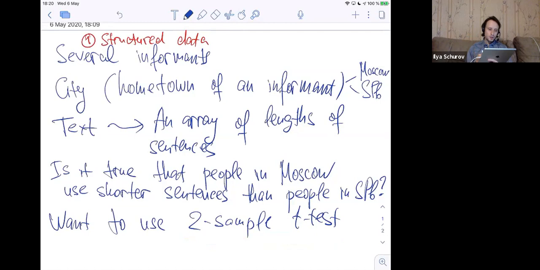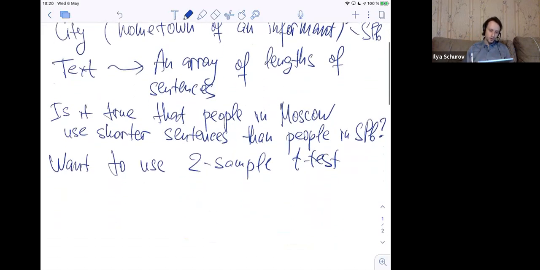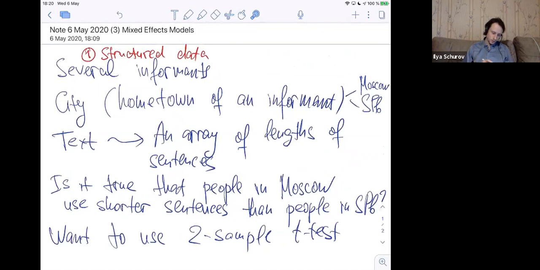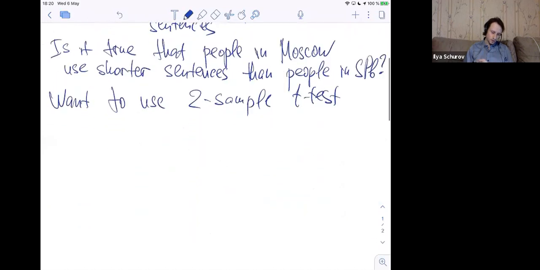Let us assume that I have my table in the following form. So note that for each informant, I have a text, and this text contains several sentences. And so for each text, I have several numbers here. So my table can look like the following thing.